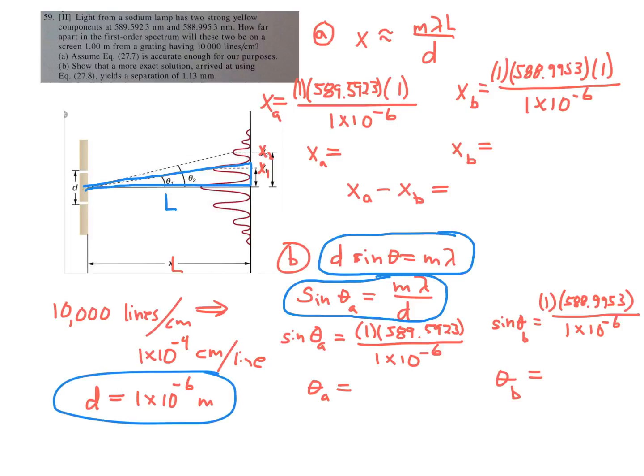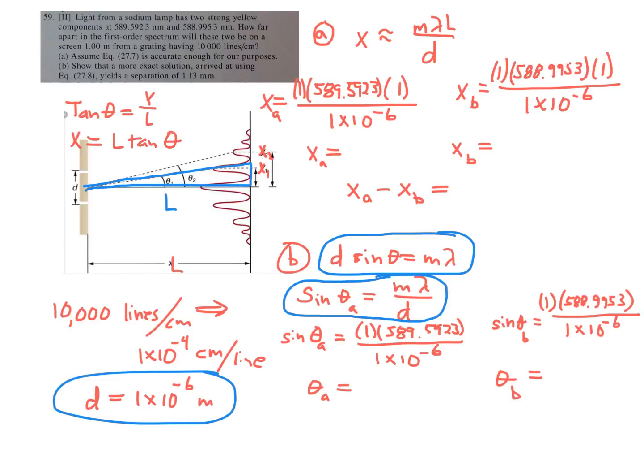But the bottom line is, if you take the tangent of that angle, which we know, theta A and theta B to each of the two spectral lines, the tangent of the angle is X over L. Or in other words, X equals L tangent theta.